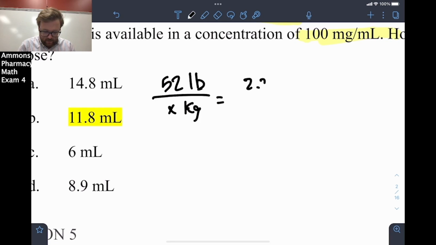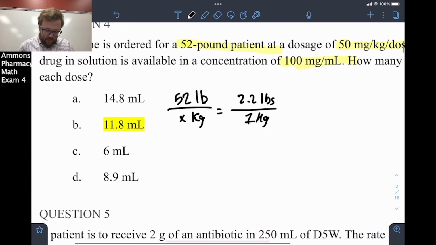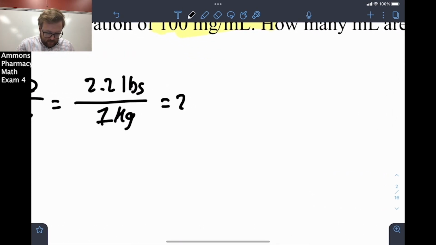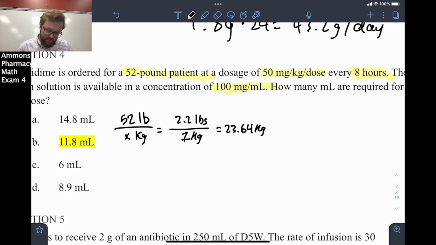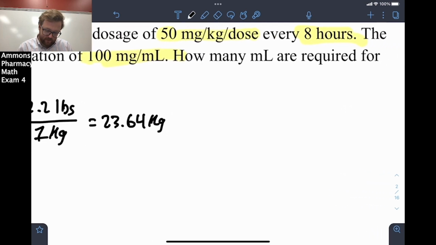We know that there are 2.2 pounds in 1 kilo. So that's 52 divided by 2.2. And that is 23.64 kilos.